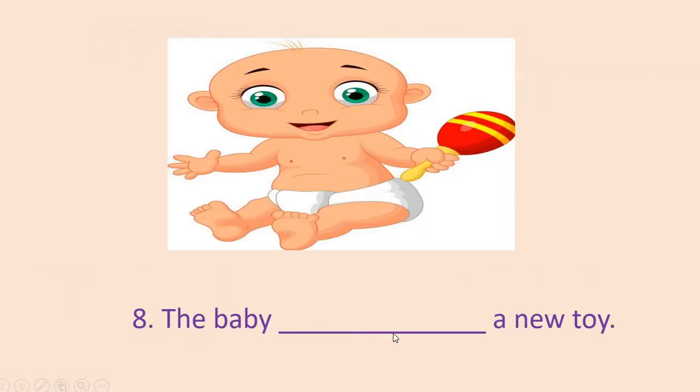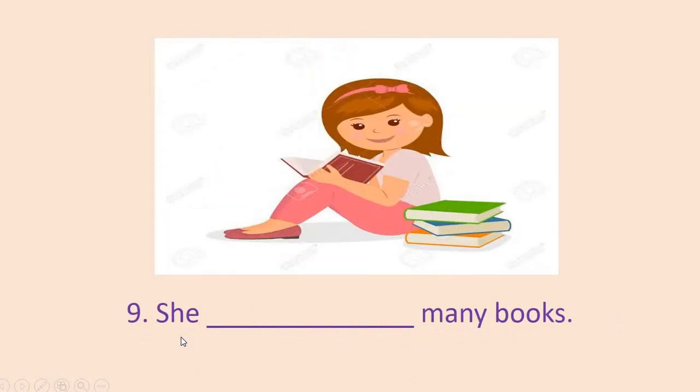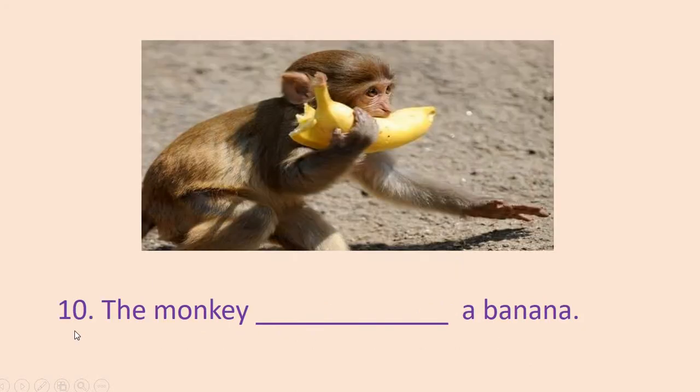Number 8. The baby dash a new toy. The baby has a new toy. Number 9. She dash many books. She has many books. Number 10.